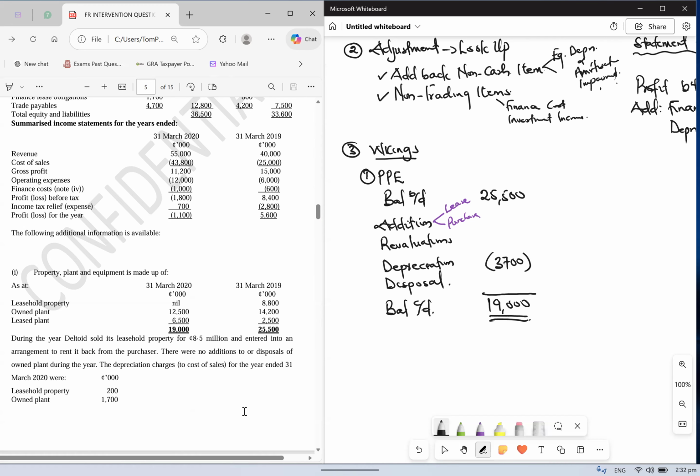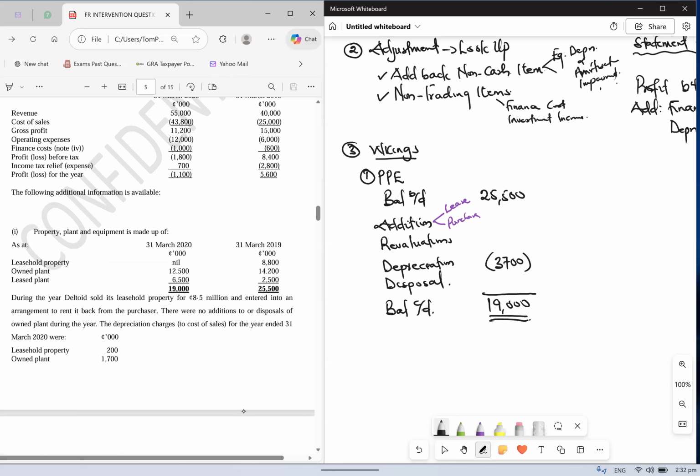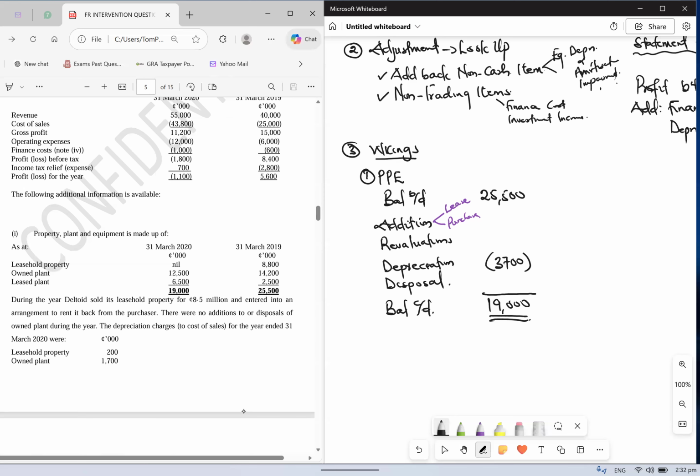So the leasehold property, we know that its depreciation is this. So it has moved from this 2,500 to 8,800. So what you will do is that you will remove the carrying amount of the asset from your books. Please, we dispose carrying amount. We don't dispose cost. We dispose carrying amount.